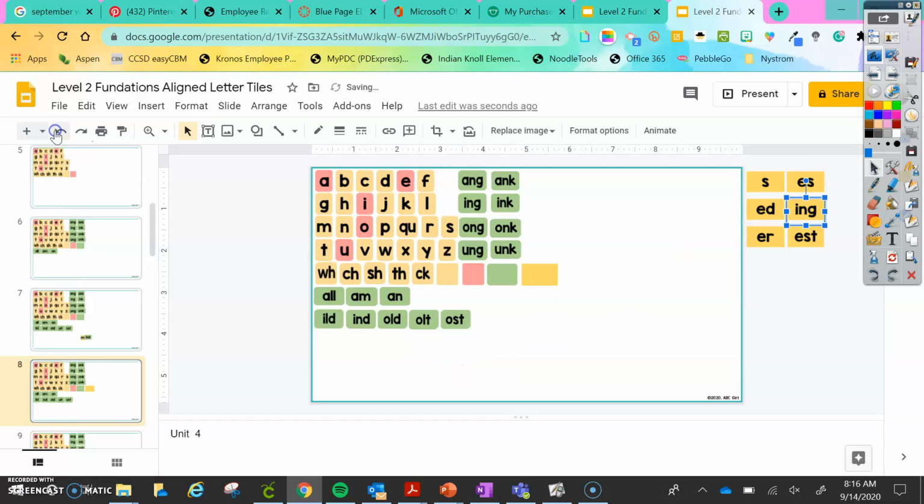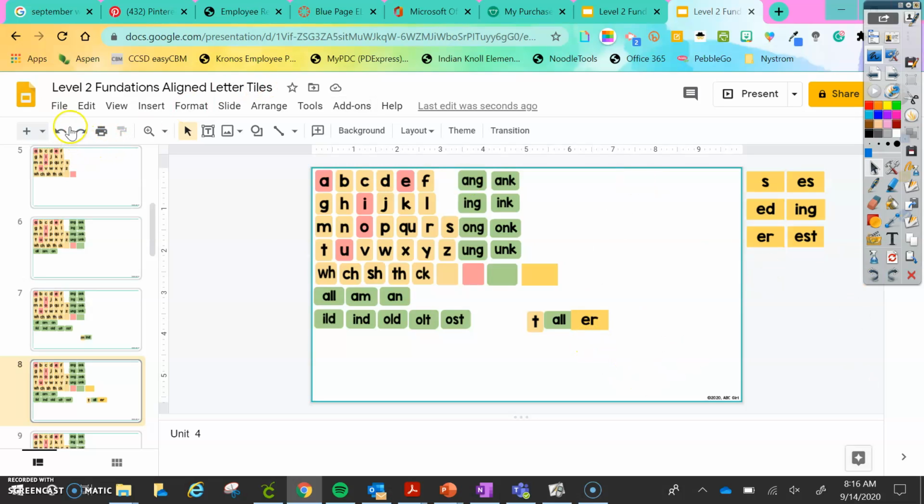Then we have our suffixes that compare. We have er and est. So let's look at how we use these suffixes to compare. If we make this word right here, ready? Tap it out with me. T-all, tall. If we add er to it, we make the word taller, like the boy is taller than the girl.